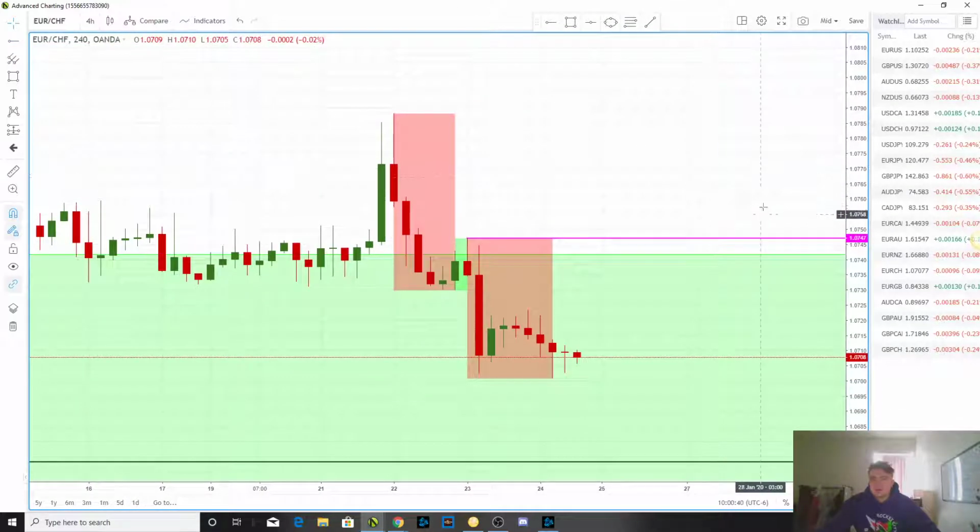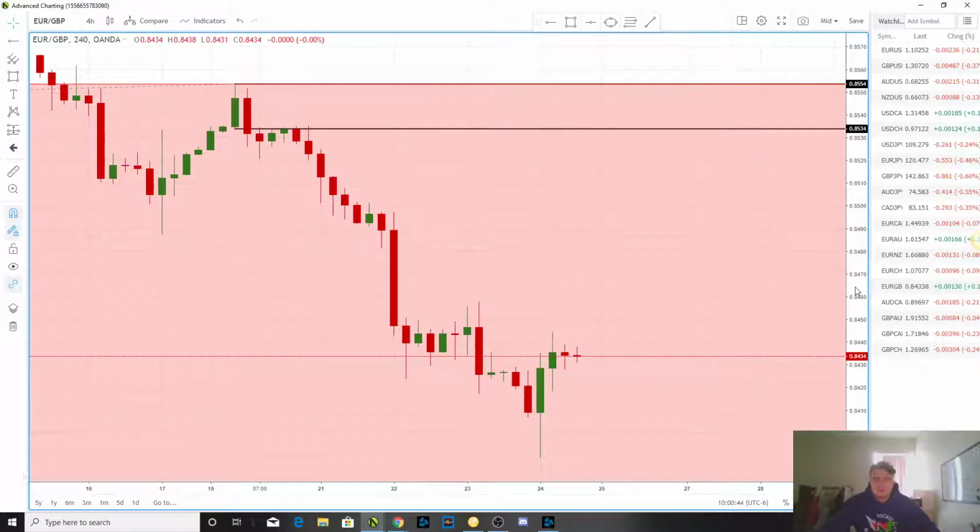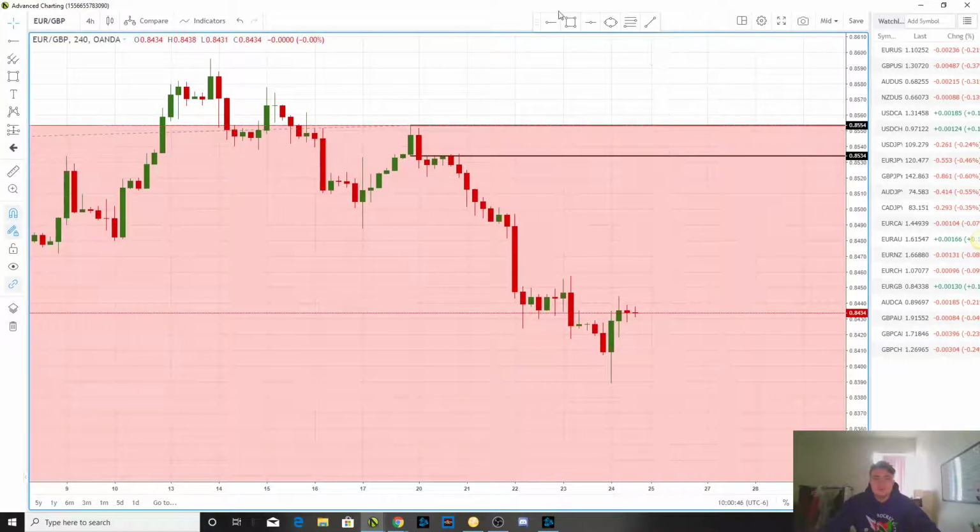Alright, so Euro Franc, a lot of these Euro pairs look like they want to turn around first so far. Oh, and then the Euro Pound comes out, and it's like, no, not me, different, not like the others. Quite interesting. 8534 is higher than 8533.